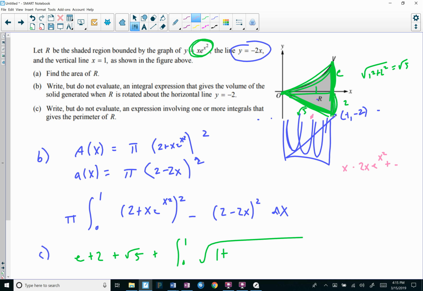Derivative of the first is 1. So my derivative is actually 2x squared e to the x squared plus e to the x squared dx. Remember 1 plus the derivative squared. Once again, you have to know those definitions because this was a pretty straightforward question if you remembered arc length. That was worth 3 points as well.